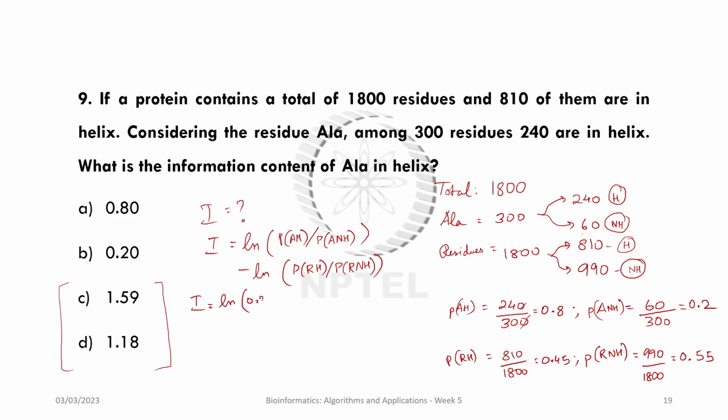Now, going back to calculating I, it is equal to ln of 0.8 divided by 0.2 minus ln of 0.45 divided by 0.55. So this will be ln of 4 minus ln of 0.45 by 0.55, which is 0.8181.